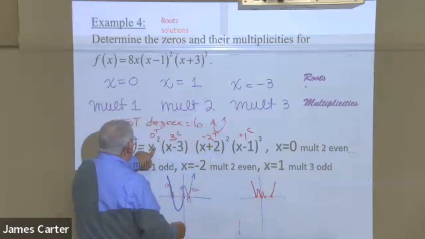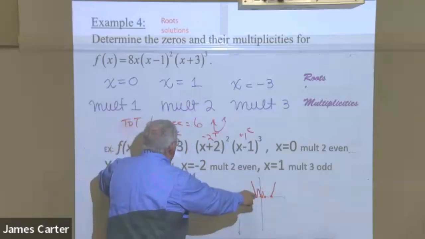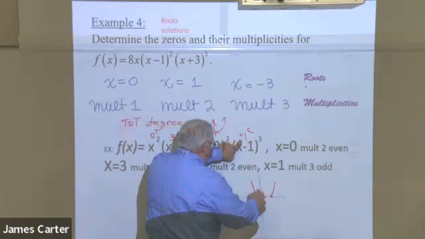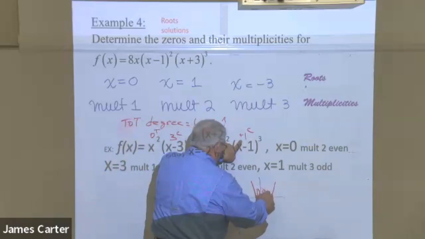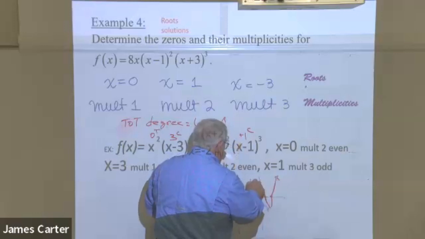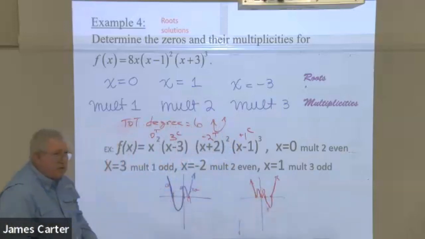I did that right. Then the next one is the +1, which is a crossing. So it turns, crosses, and then comes up this way. So that's generally what that graph is going to look like. Okay.